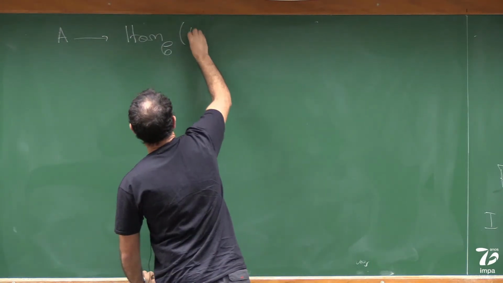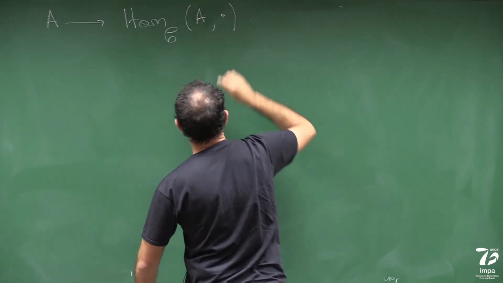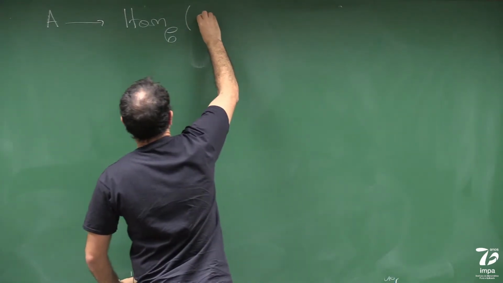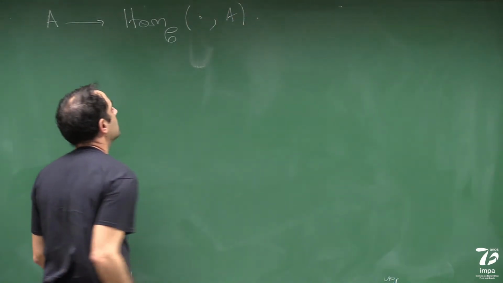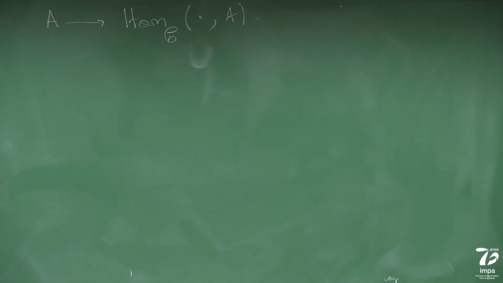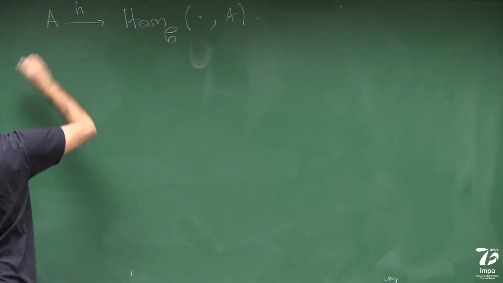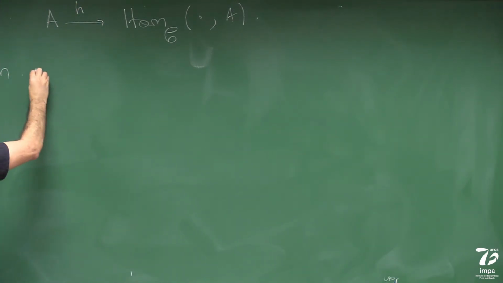So I'm going to do A dot. Oh, god damn it. Dyslexic. So that's a contravariant functor, so that's a functor from C up into Sets. And let me call this functor h. So h is fully faithful.